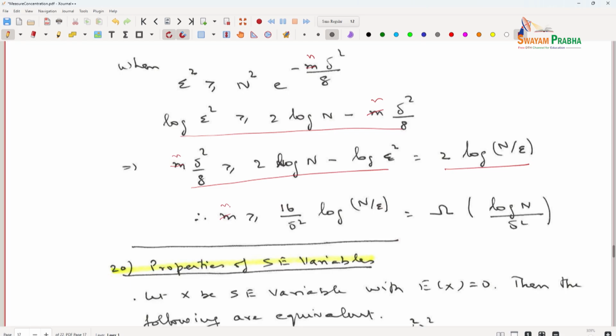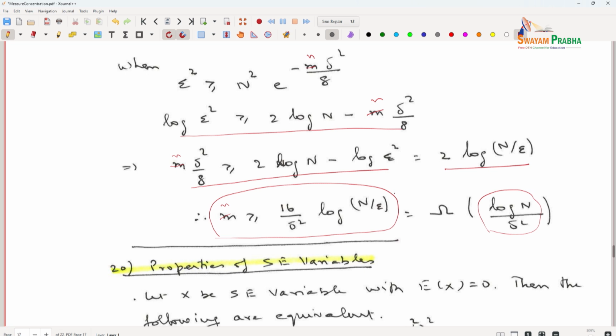So you can readily see the dimension of the receiving space must be at least 16 divided by delta square times log of n over epsilon, which can be seen to be lower bounded by log n over delta square.